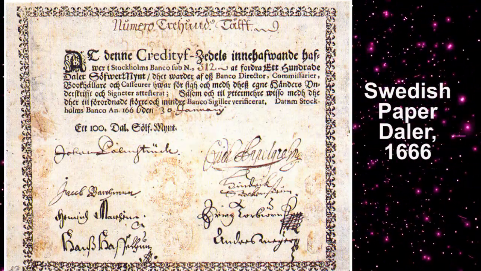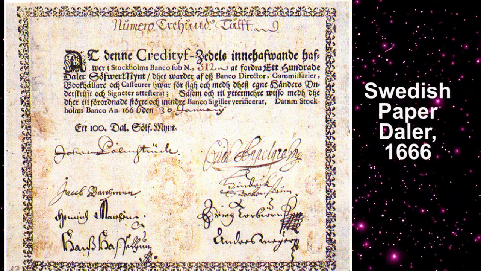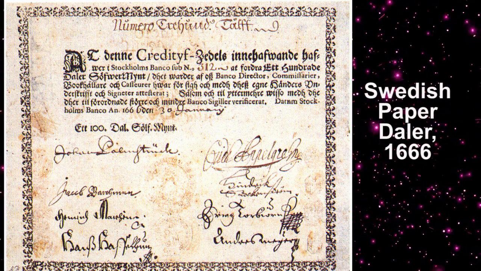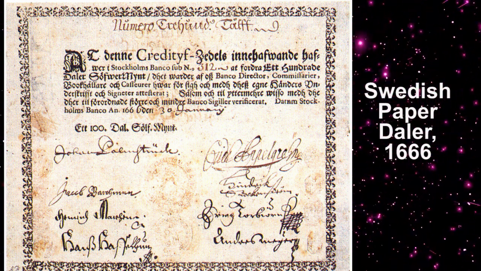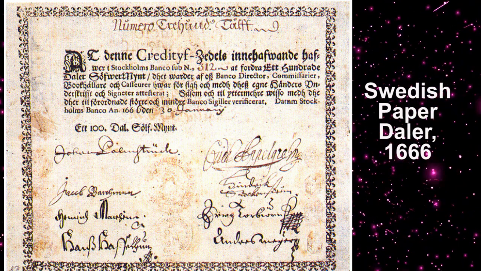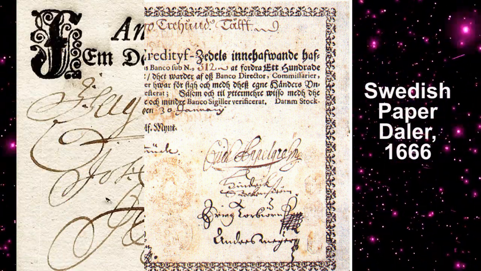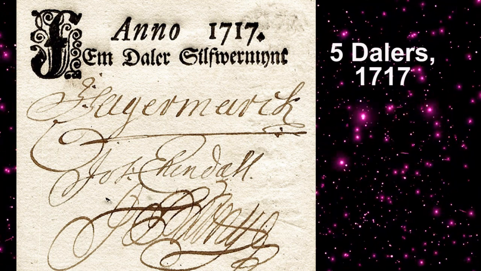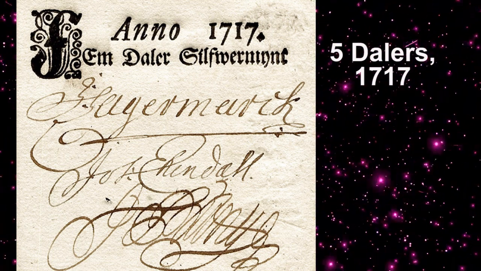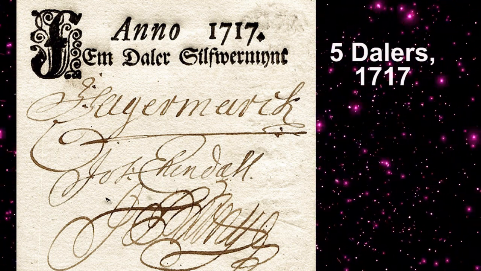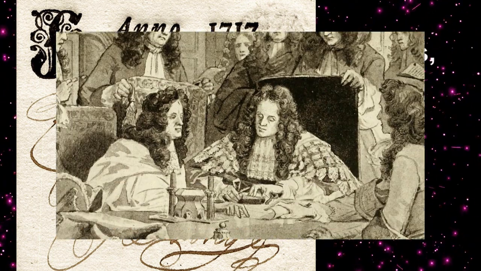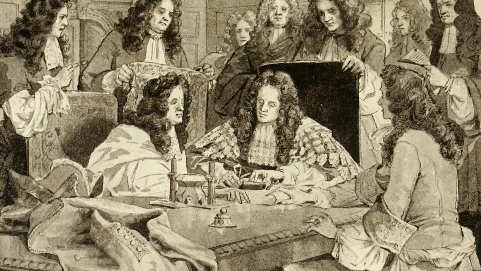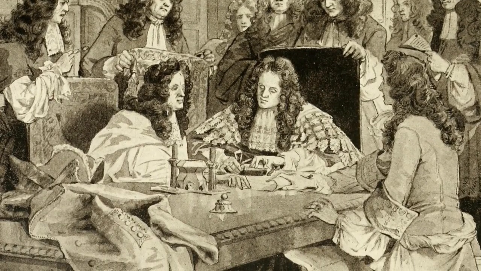However, the first official paper money was not printed in England, but in Sweden in 1661. The Swedish authorities needed credit, and the head of the Stockholm Bank, instead of issuing loans in copper coins, decided to print credit notes, which were called paper dalers. The next stage in the development of paper money was again connected to England.